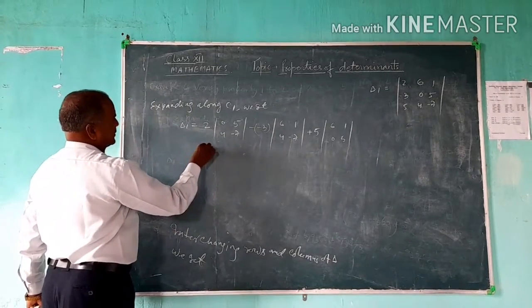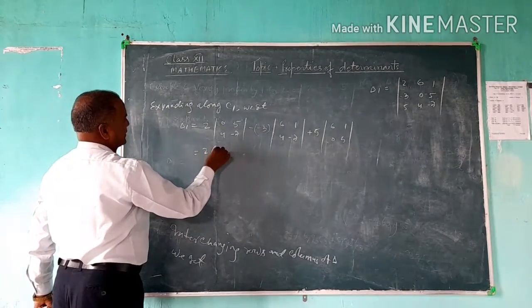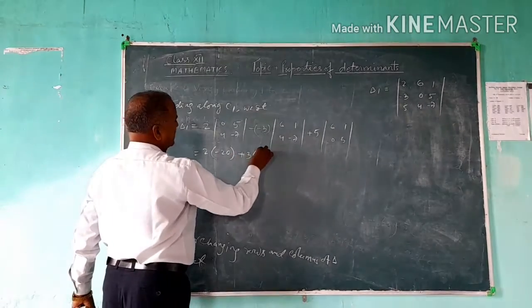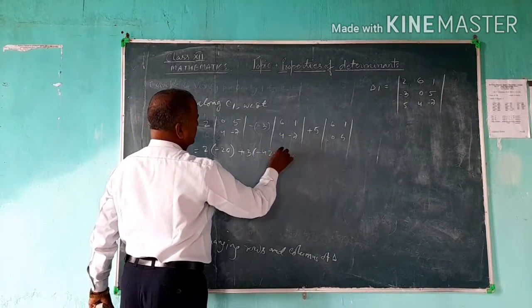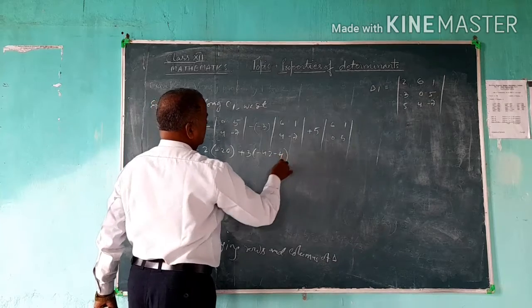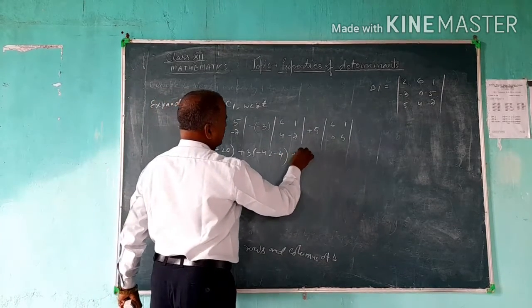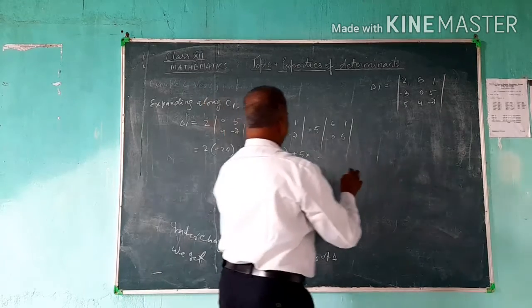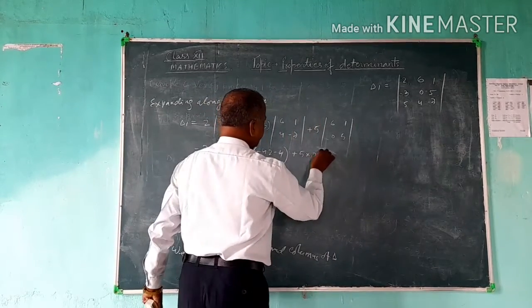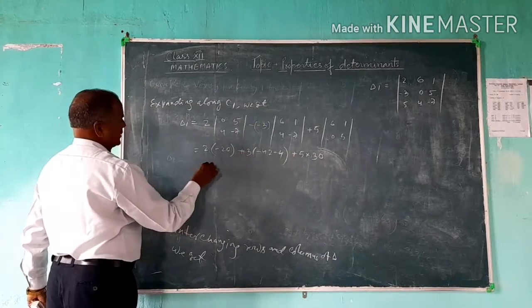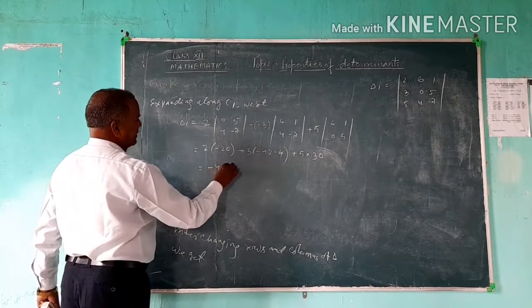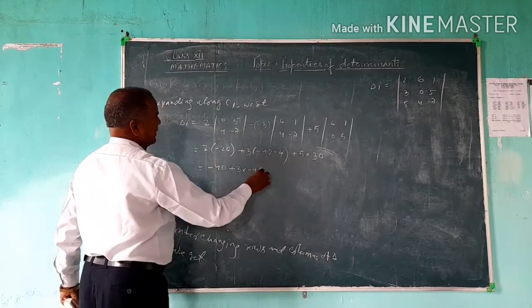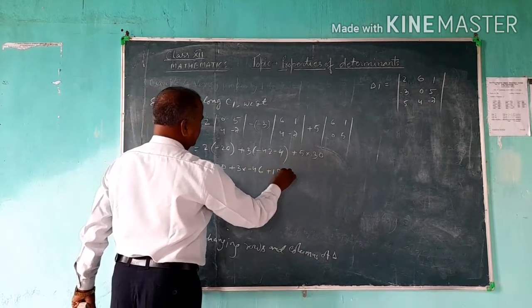So this is equal to 2 into minus 20 plus 3 into (minus 42 minus 4) and plus 5 into 30. So this is minus 40 plus 3 into minus 46 and plus 150.